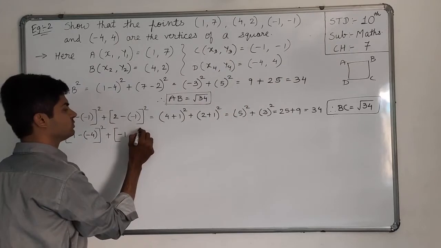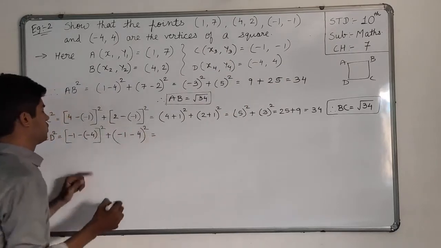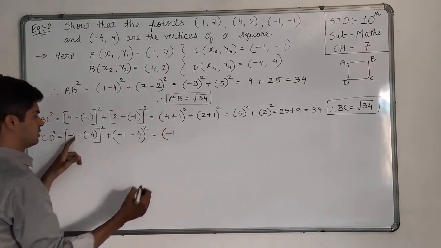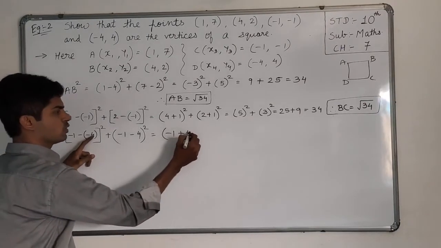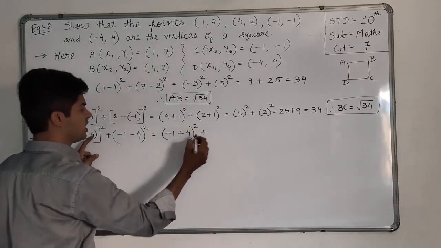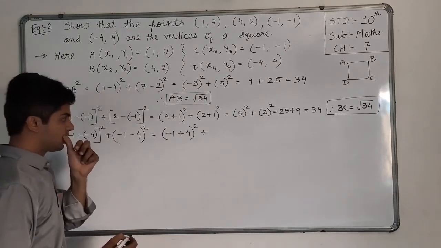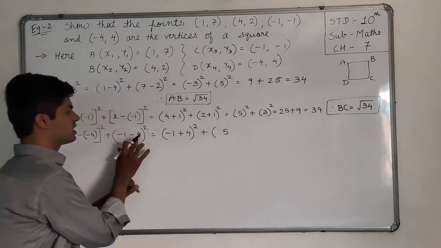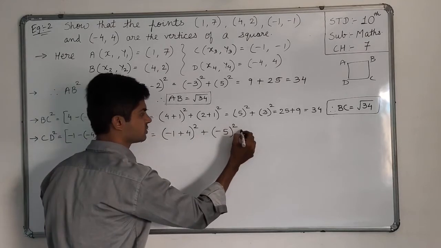Understood? ओके, नाउ ओपन दिस ब्रैकेट। तो यहाँ पे क्या आ जाएगा, -1 माइनस माइनस प्लस 4 होल स्क्वायर प्लस -1 -4 minus minus, it means addition of numbers, so it will be 5, bigger digit is 4 and its sign is minus, so यहाँ पे आ जाएगा minus.